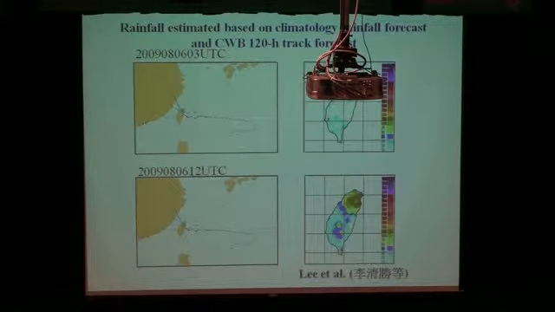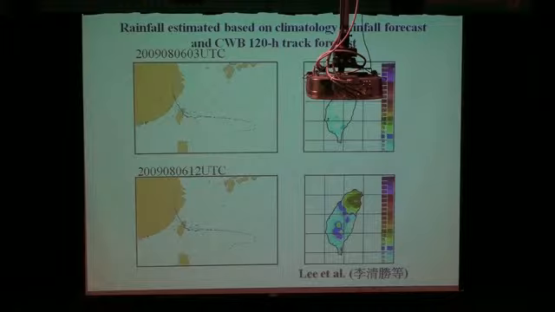A computerized method was also developed by Tien-Chiang and applied at the Central Weather Bureau. This diagram shows some forecasts based on, for example, starting from here, the Central Weather Bureau predicting that the track will follow this path over 120 hours. Then they run the model to show that if the track goes like this, the major rainfall area will be the northern part of Taiwan.